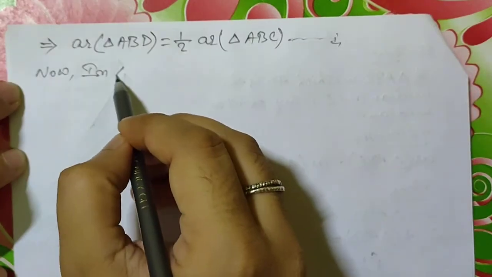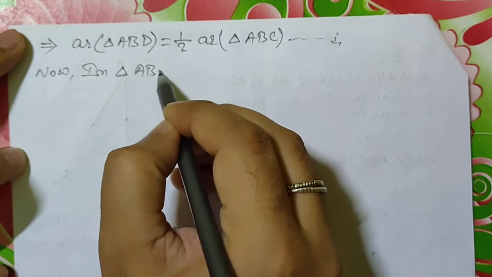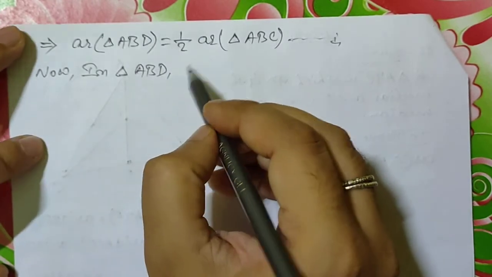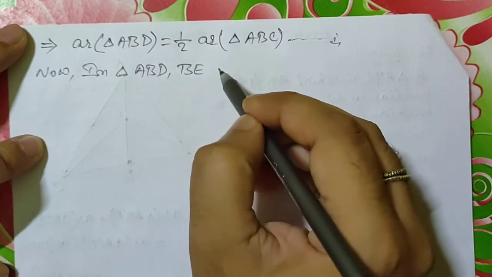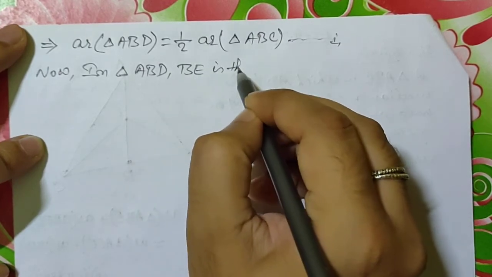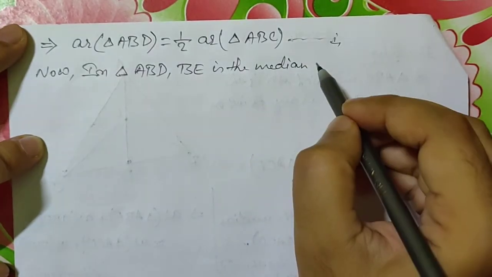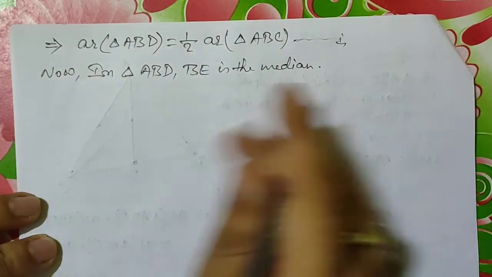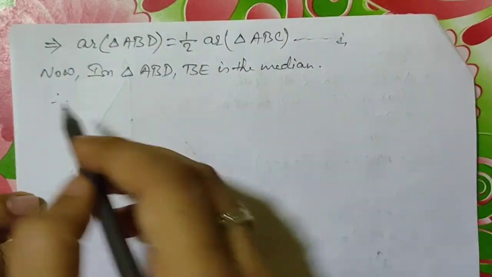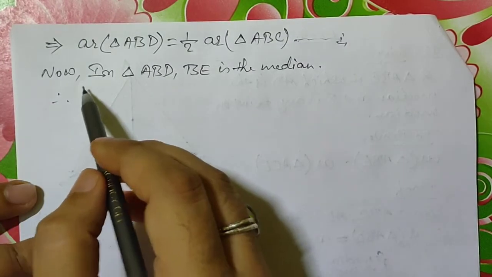Now in triangle ABD, we can write it like this. BE is the median. So if BE is the median, we can write, and no need to write that a median divides, because we have already written that statement.